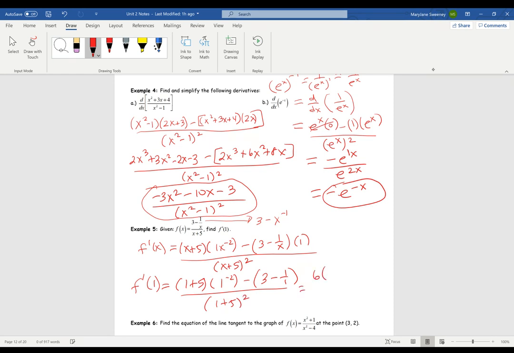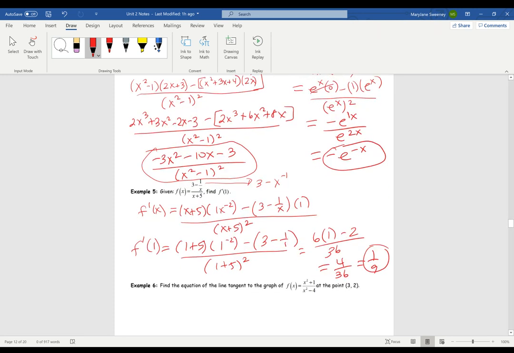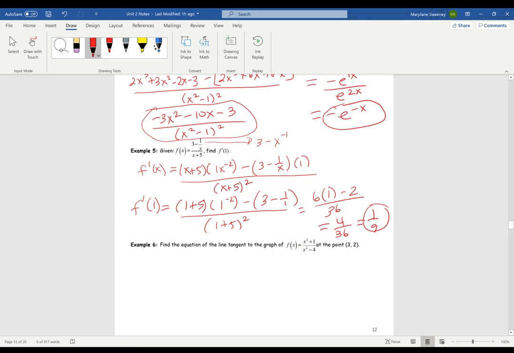So 6 times 1 to any power is 1, minus 3 minus 1, which is 2, all over 6 squared, which is 36. So this is 4 over 36, or 1/9. Again, that could be representing the instantaneous velocity, the slope of the tangent line, the instantaneous rate of change.